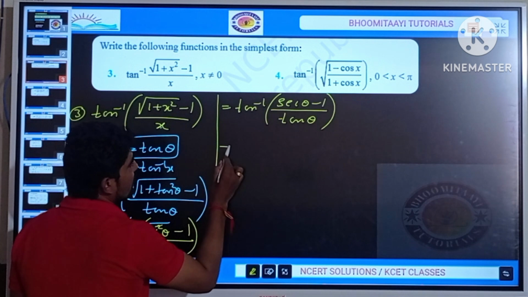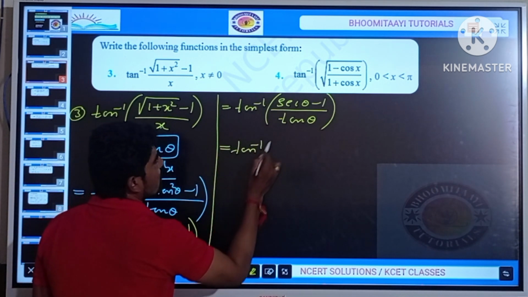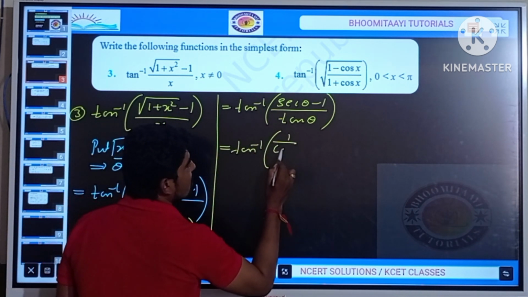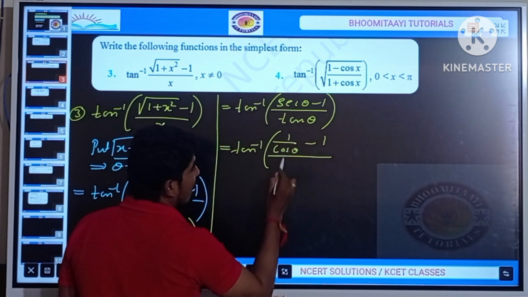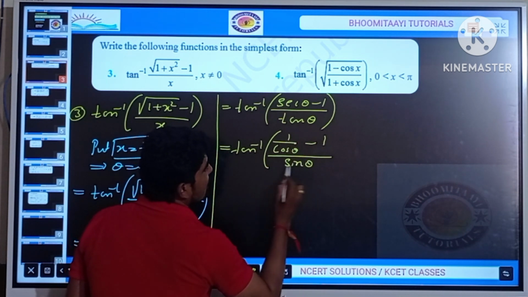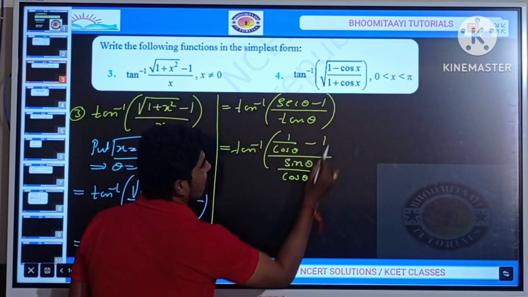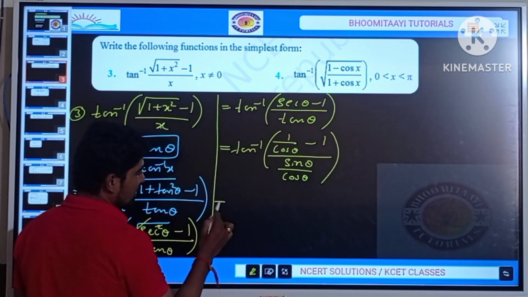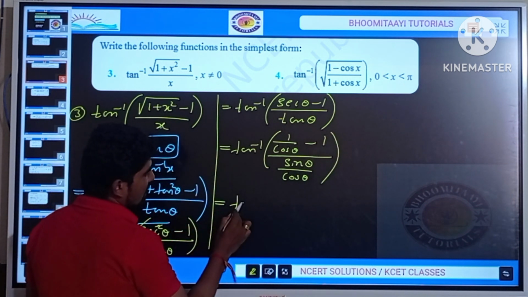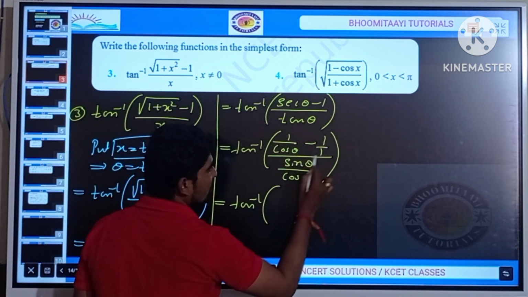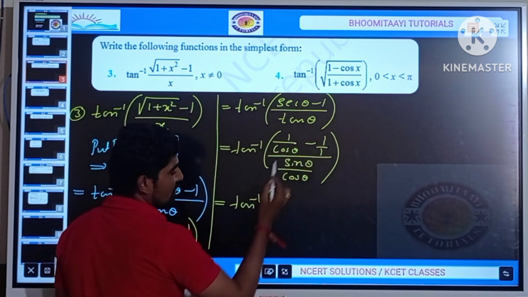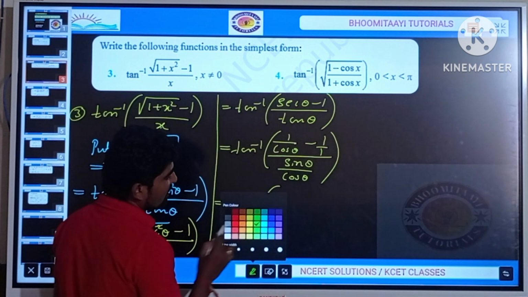Now, to simplify this, secant theta can be written as 1 by cos theta, minus 1, divided by tan theta, which can be written as sin theta by cos theta. So this is equal to tan inverse of... here nothing means 1. We know the LCM of 1 and cos theta is cos theta.